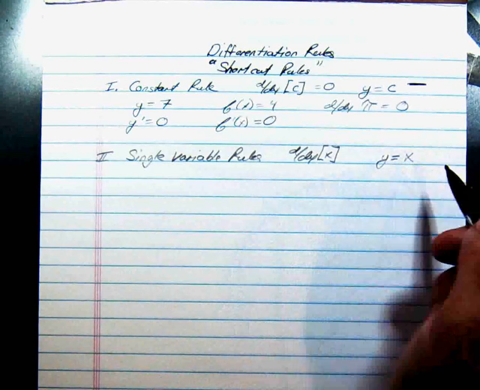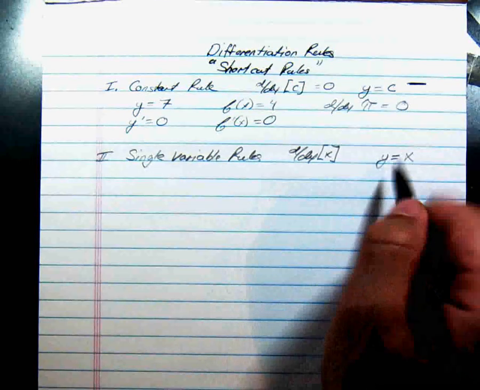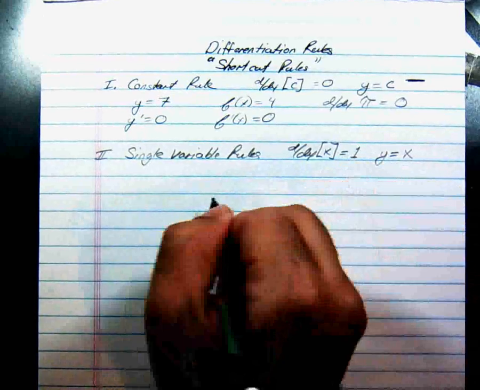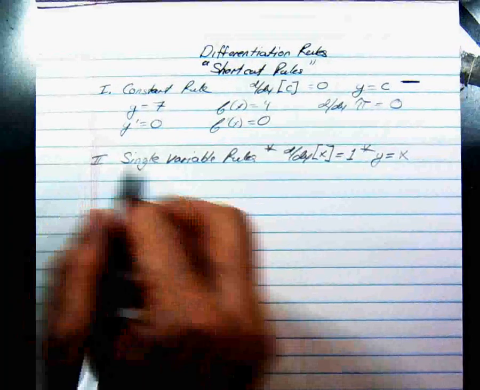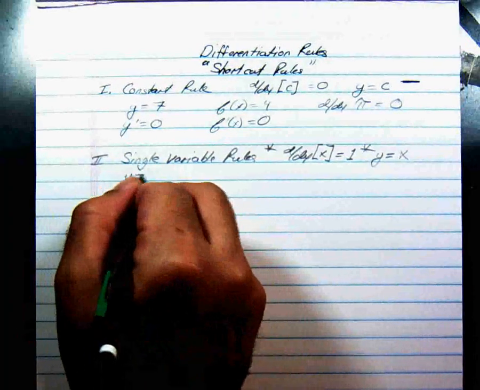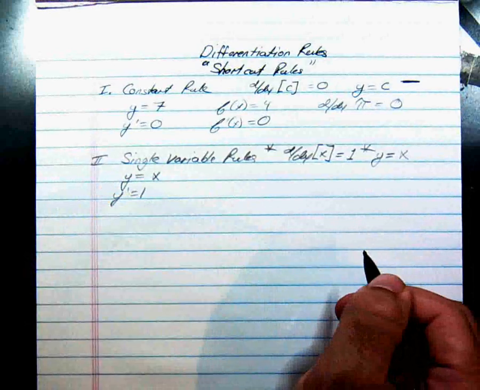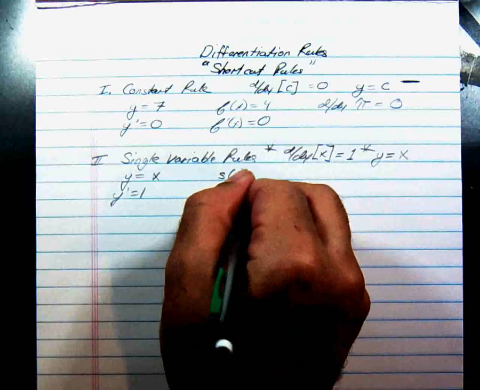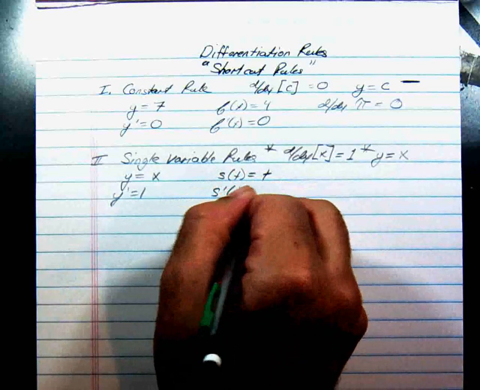Well, you think about y is equal to mx plus b, and the slope would just be 1. So the derivative of any variable is 1. That's the variable rule. So just to illustrate a couple of examples, if y is equal to x, y prime is 1. If s of t is equal to t, then s prime of t is equal to 1.